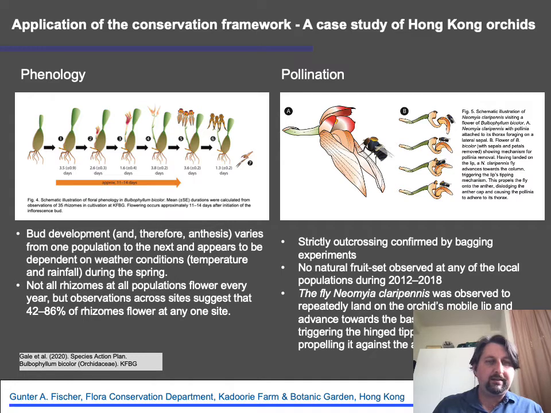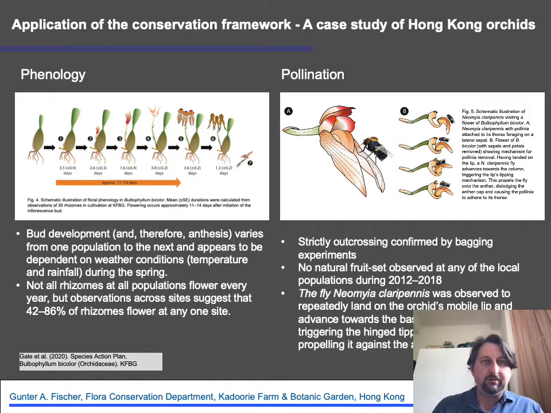So there is a problem with long distance pollen flow, as populations are not flowering at the same time and can't be easily cross-pollinated. And not all rhizomes in every population flowered every year. Only between 42 to 86% of the rhizomes flowered at any one site, which means there's a reduced chance of cross-pollination because of these 2 factors.